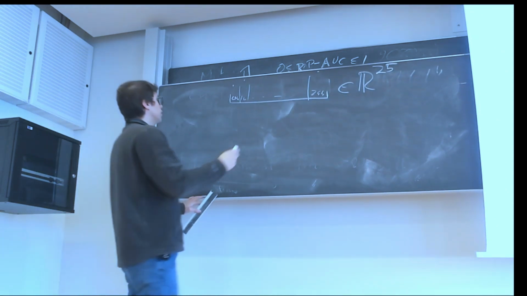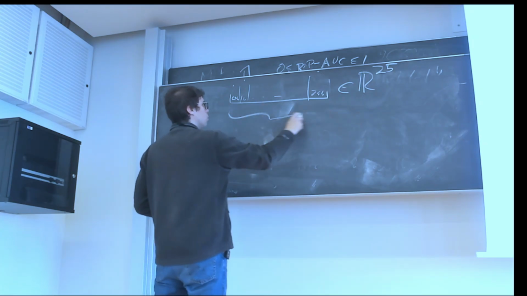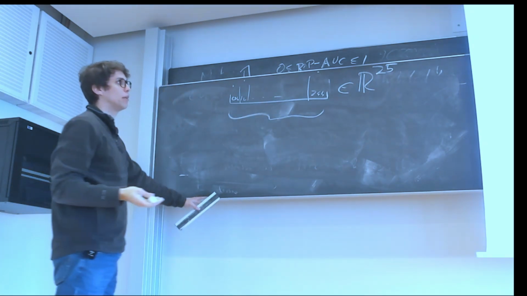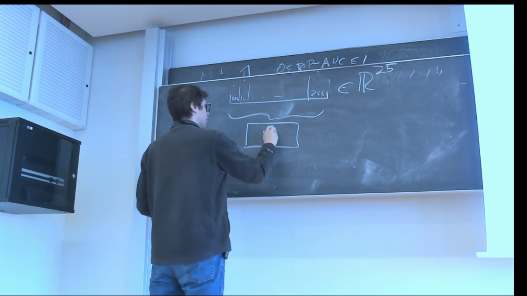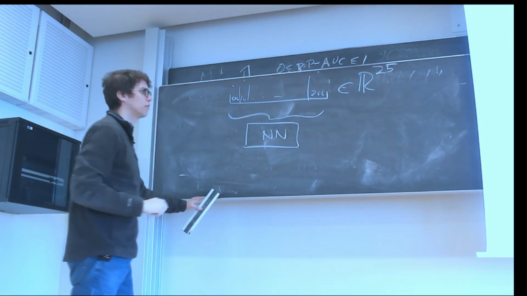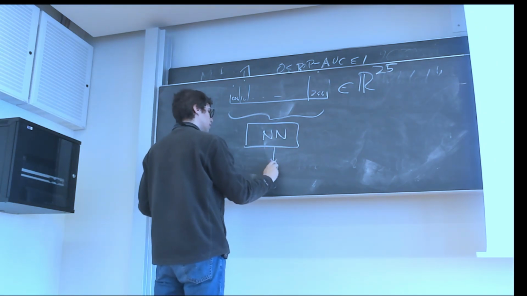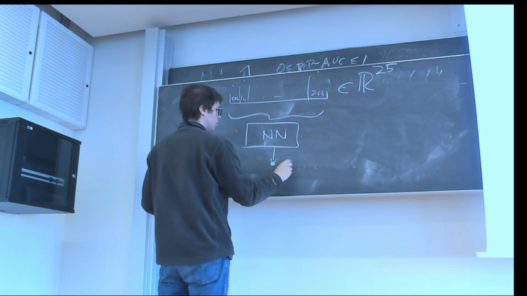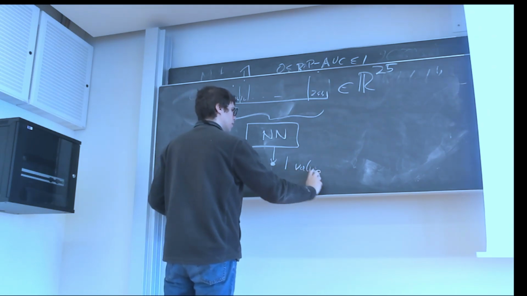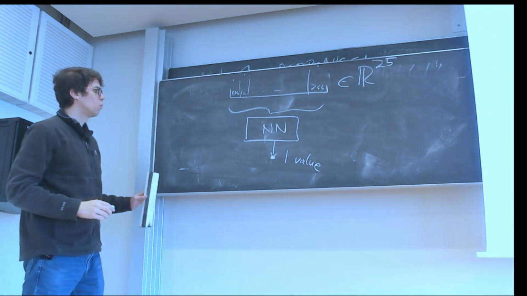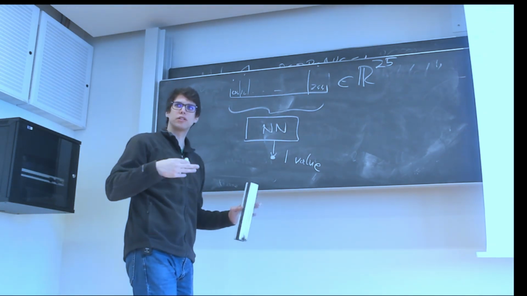So our network would have to have 25 inputs as well. Let's just put a neural network here. And at the output, we want only one value, which is the thing that we're going to compare against the threshold to say whether we're 0 or 1.